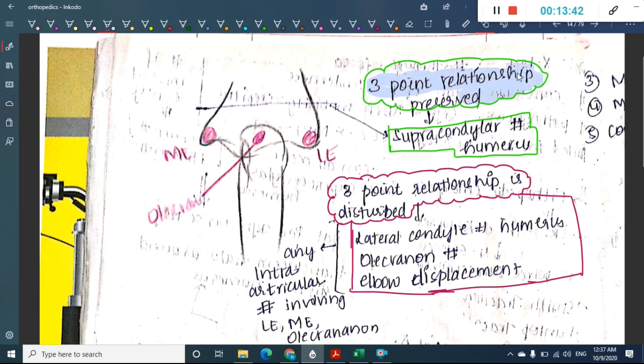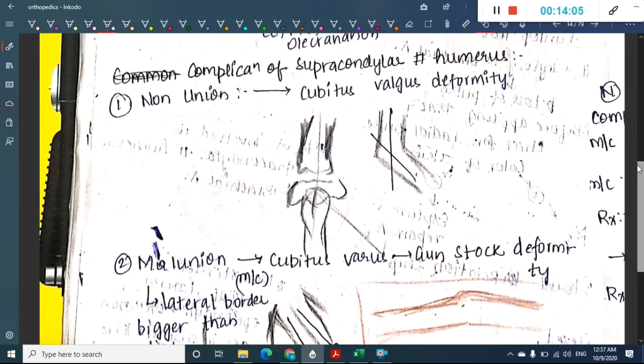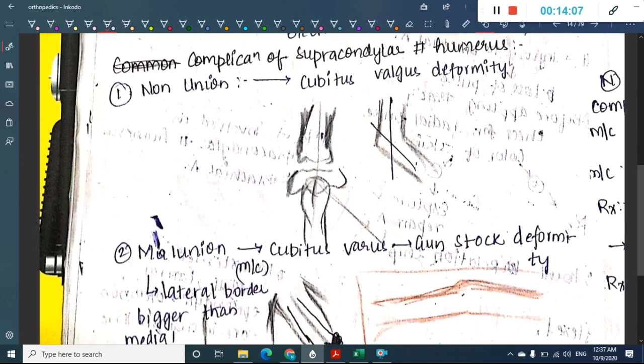Or it can be due to elbow dislocation. Even in elbow dislocation, the 3-point relationship is displaced. Any fracture involving the medial epicondyle, olecranon or lateral epicondyle will result in disturbance of the 3-point relationship, right? Now let us learn about the complications of the supracondylar fracture.